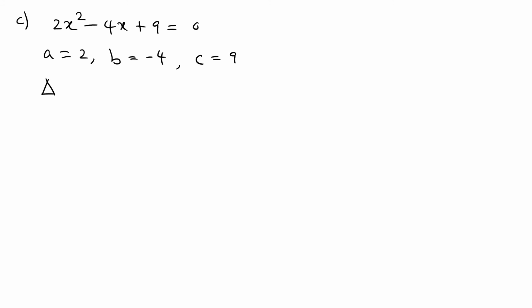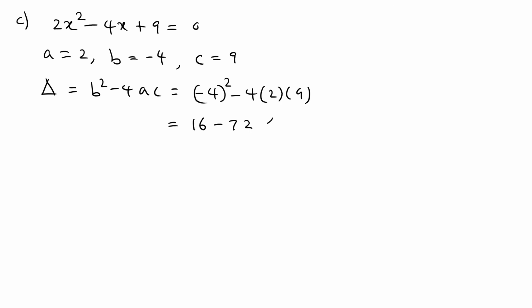If you look at the discriminant, b squared minus 4ac, you get negative 4 squared minus 4 times 2 times 9. If you simplify, you get 16 minus 72, which is negative. So this is negative 56.